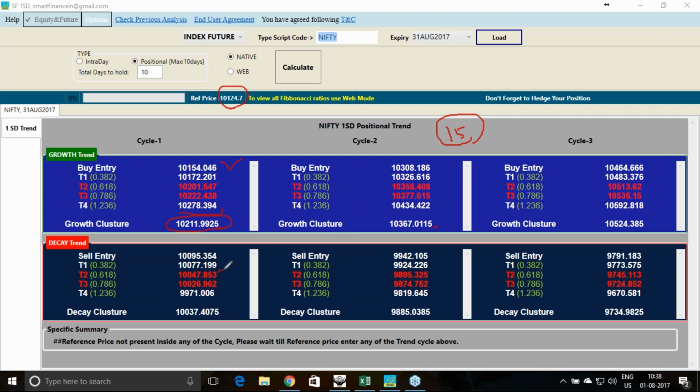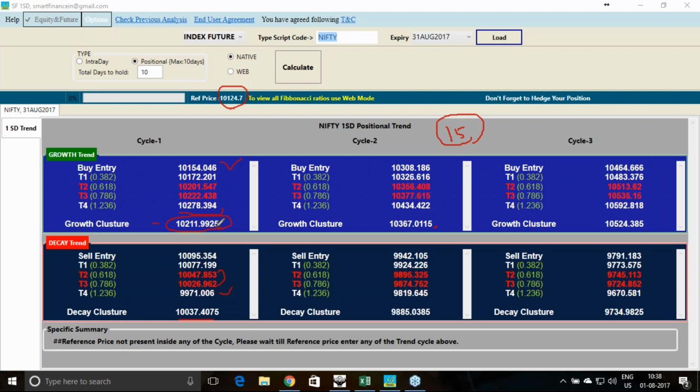At the same time, if it is falling below 10,047 to 10,026, it has all the probability to go down. However, 10,038 will be acting as a great support for the Nifty in the downtrend. 10,212 will be acting as a resistance for the move.